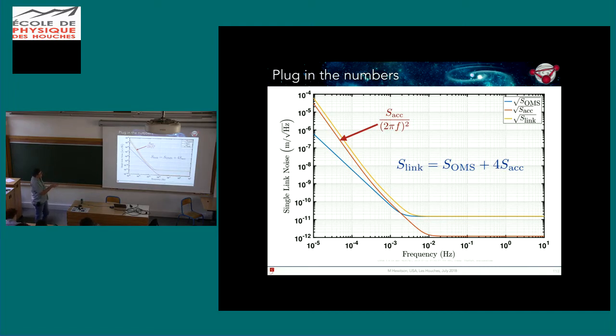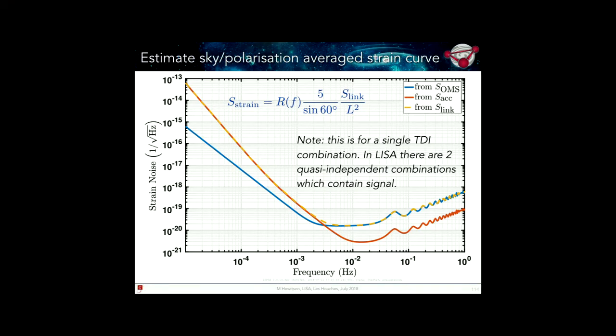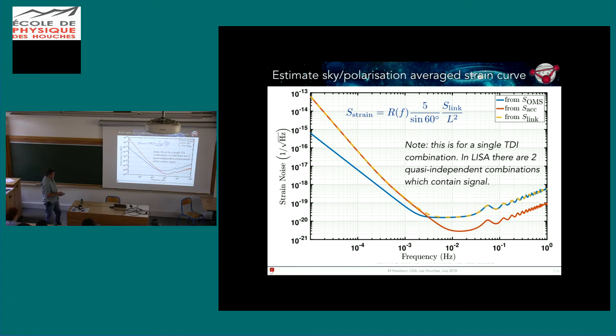And so the sum of those two things gives you that yellow curve, this equivalent single link noise curve here. And then you want to relate that to strain using that formula we talked about earlier, and you get the total strain curve then if you include the response over the sky and polarization. So that's the easy recipe to produce such a strain curve.